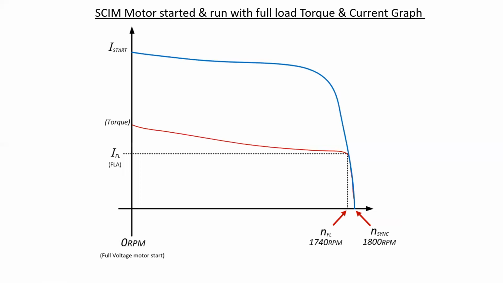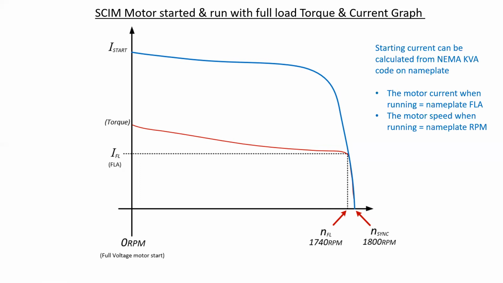If we were to start the motor with a full mechanical load, as we did in the previous examples, then we would expect a fairly high value of inrush current, and you'll notice that it starts to drop off very quickly once we get close to the rated speed that the motor should be operating at. So the current that is actually drawn when we start the motor can be calculated with the NEMA kVA code on the nameplate.